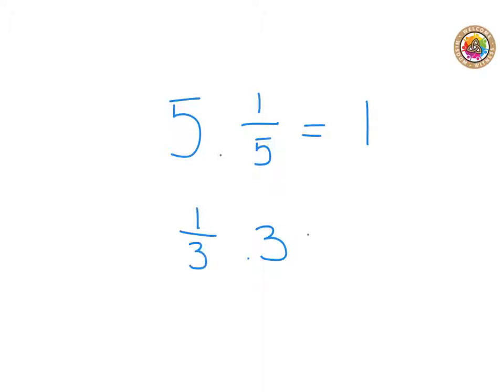Okay, and so basically we know, say for example, if I had the number 5 and I wanted to multiply it by its inverse, well, the inverse of 5 is 1/5, and that would give me the answer 1. Similarly, say if I had the number 3, and again I wanted to multiply it by its inverse, well, its inverse here would be 1/3, and it would also give me the number 1.